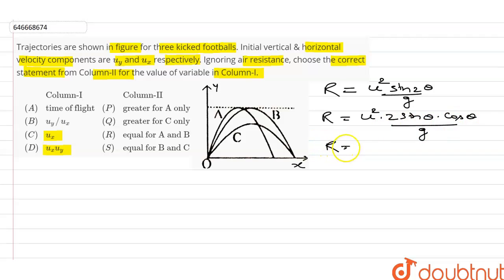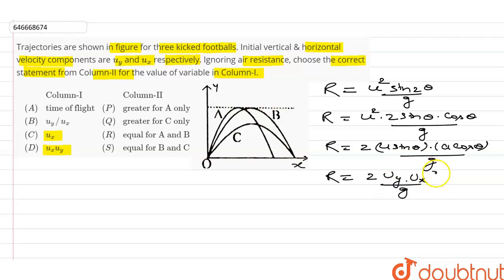So it is also written as 2 u sine theta into u cos theta divided by g. What is u sine theta? U sine theta will be uy, and u cos theta is ux, divided by g. So this is the formula for horizontal range.